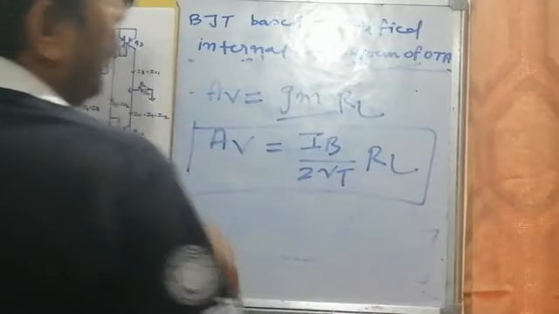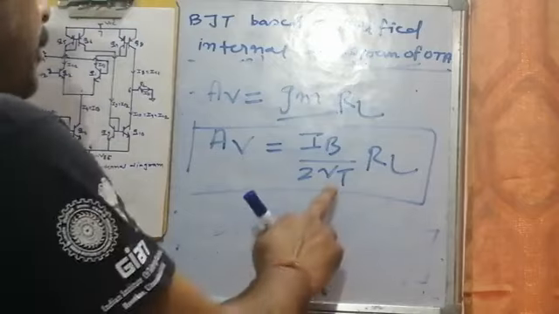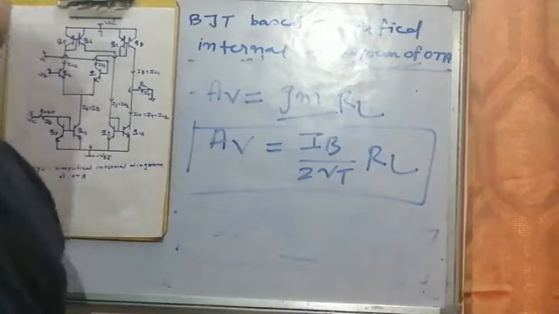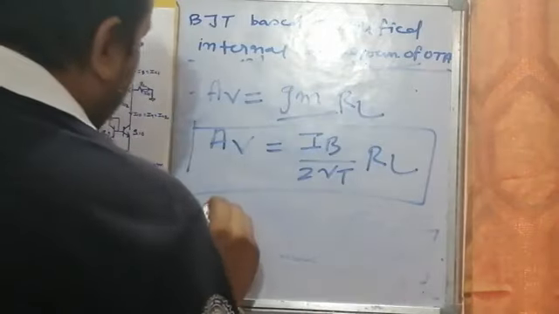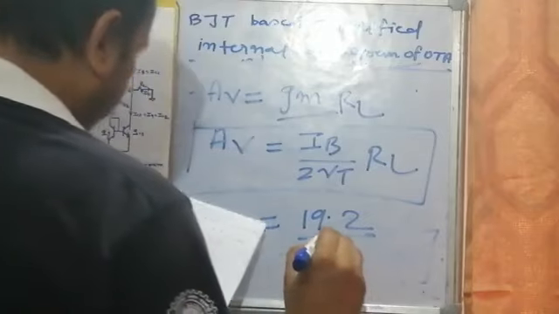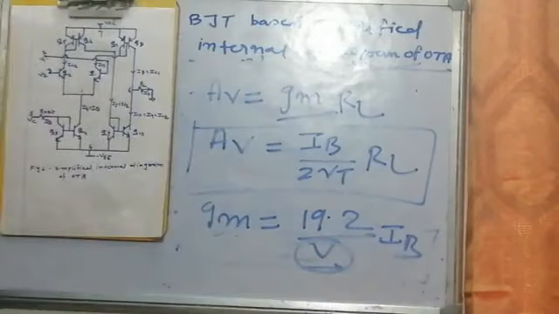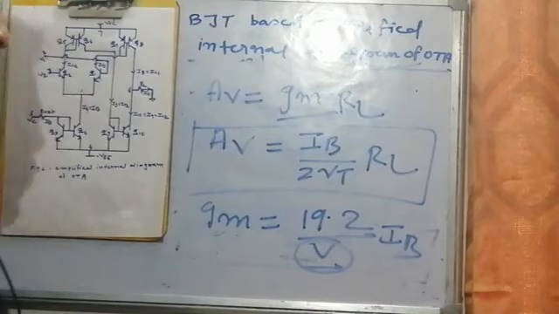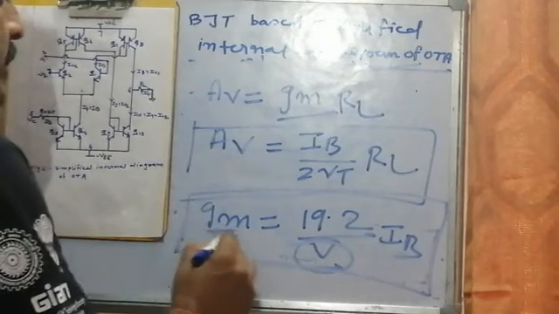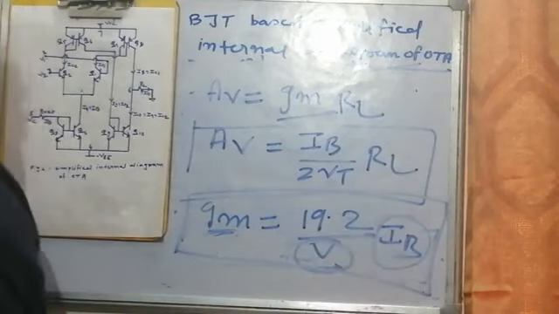At room temperature, we know the value of Vt is 26 millivolt. If I put the value of Vt as 26 millivolt, we will get Gm equal to 19.2 IB, where IB is in volts. So this is the final equation of transconductance, and this transconductance Gm depends upon bias current IB.